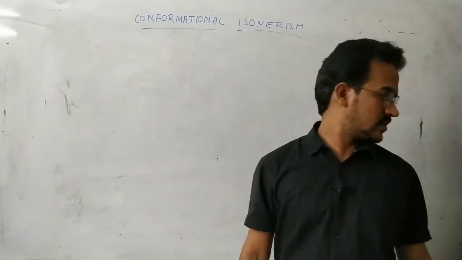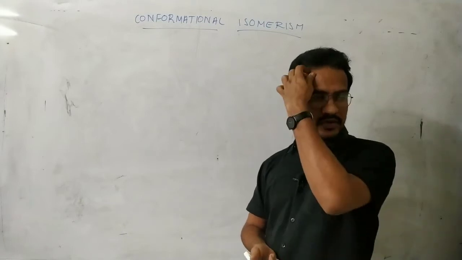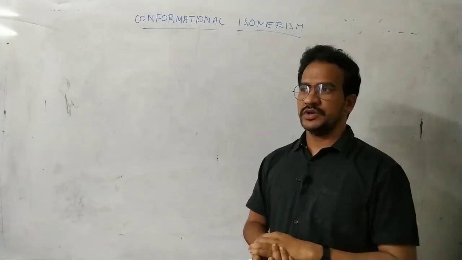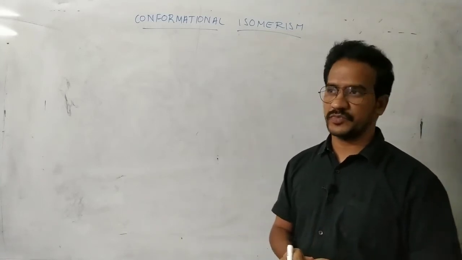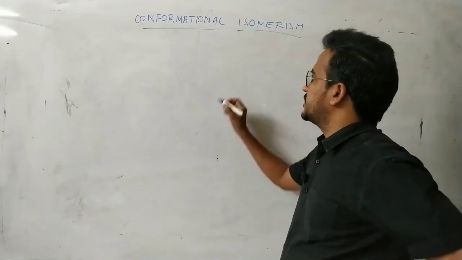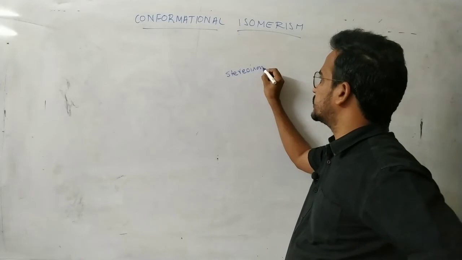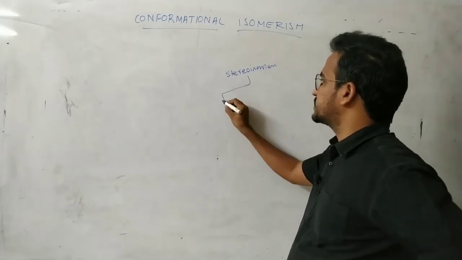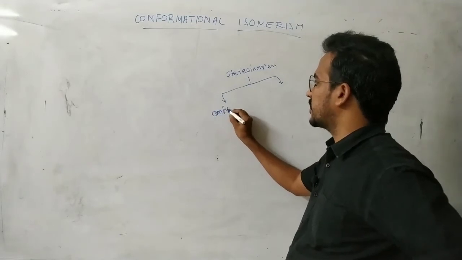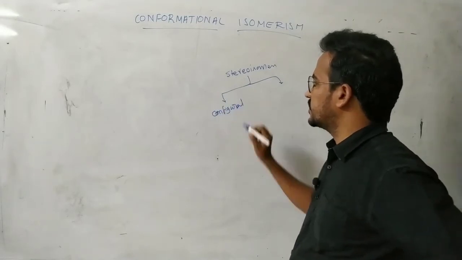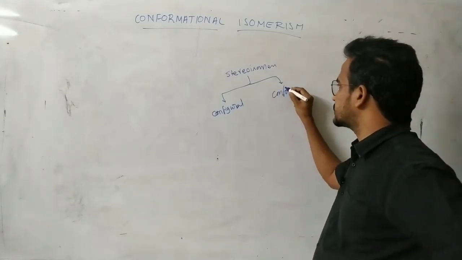Hello students, in this video let us discuss conformational isomerism. This conformational isomerism is also one type of stereoisomerism. Stereoisomers are of two types: configurational stereoisomers and conformational stereoisomers.